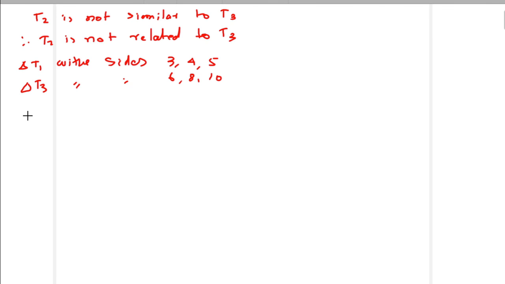The ratio 3 by 6 means 1 by 2, 4 by 8 also 1 by 2, 5 by 10 also 1 by 2. These are all equal to 1 by 2, so they are in the same ratio.